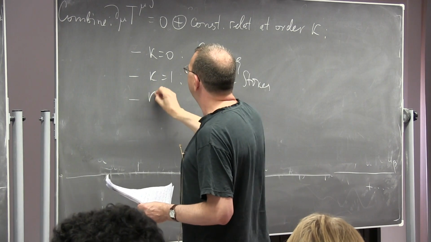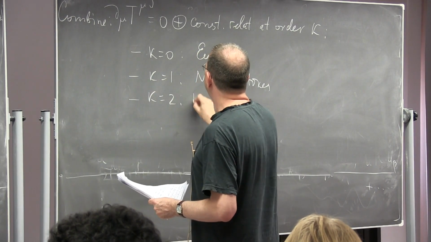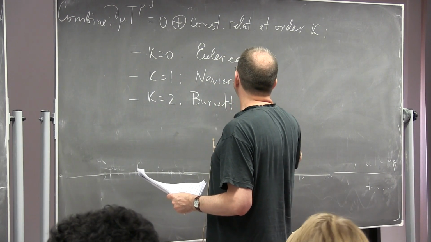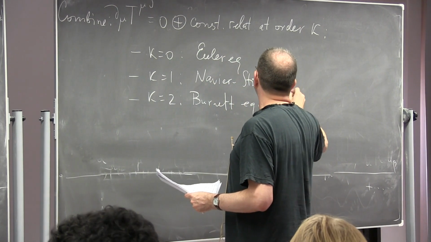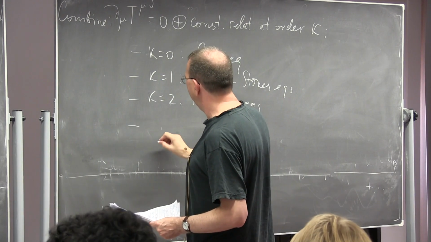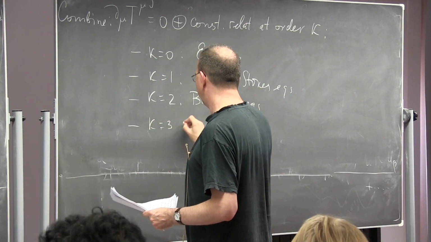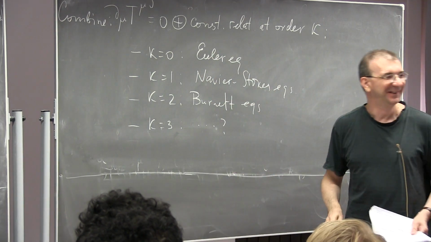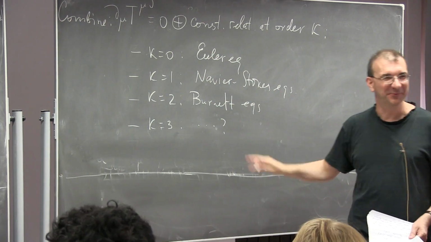For k equal 2, you get the equation known as the Burnett equation. And as I said yesterday, for k equal 3, nobody knows, so it's up for grabs: you can derive the equations and they will be named after you.